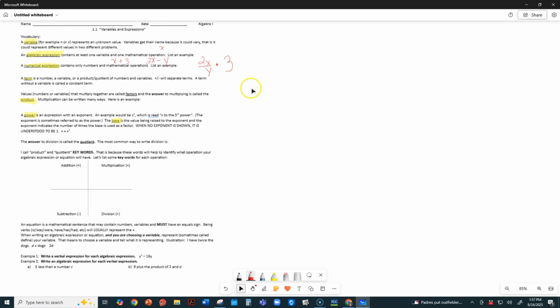That would be considered one term. You need a plus or a minus sign to have a second term. And then minus z. There we have three terms. The pluses and the minus signs are what determine terms. So this is all one term, here's a second term, here's a third term.